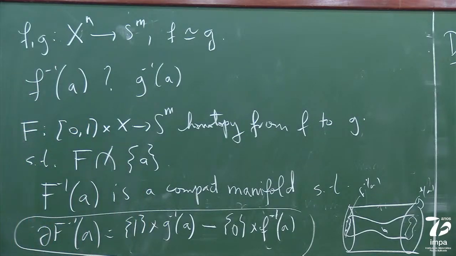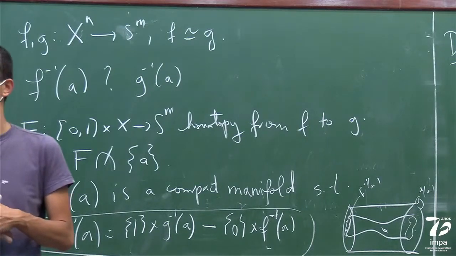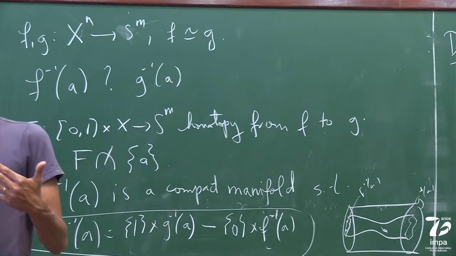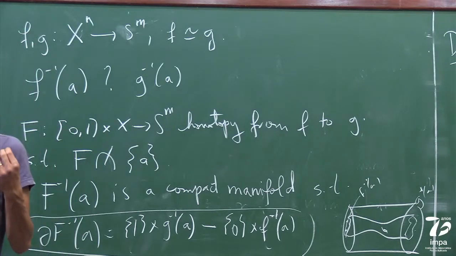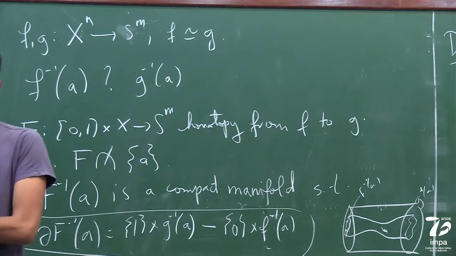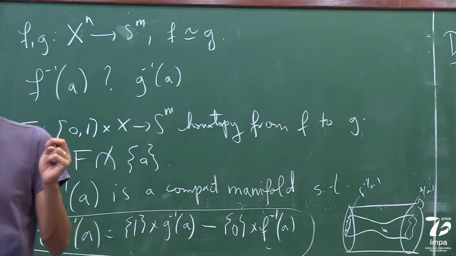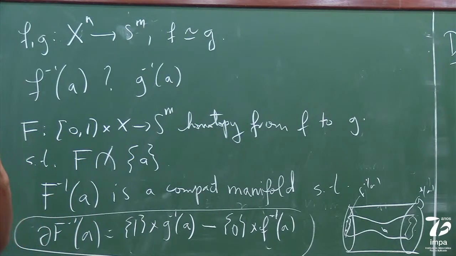And this framed cobordism is the thing that generalizes the degree. So we'll see next time. Next time I'll actually prove the whole theorem and finish the whole construction to prove that, first of all, if two maps are homotopic, then the preimage of a regular value will be framed cobordant. But then vice versa, there's a bijection between these framed cobordism classes and the homotopy classes of maps.